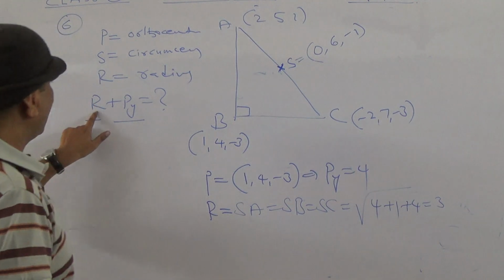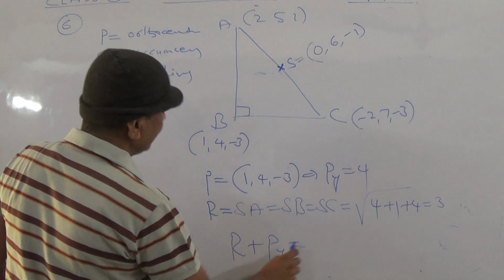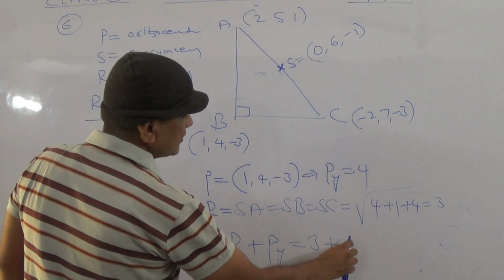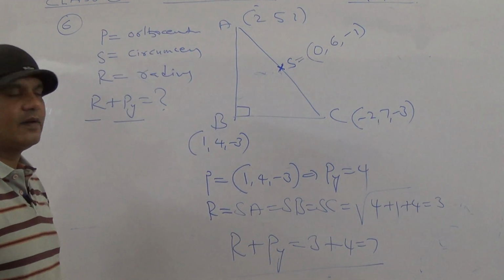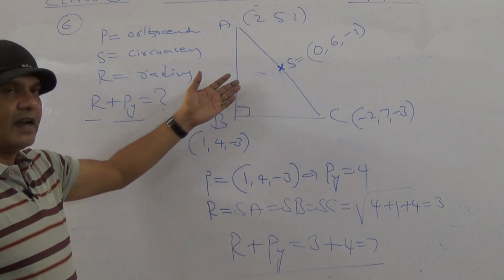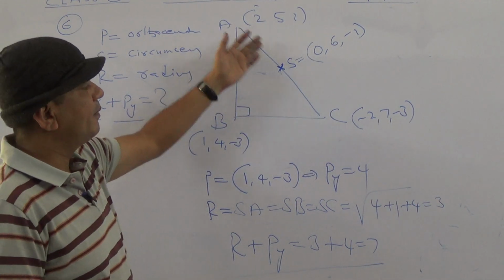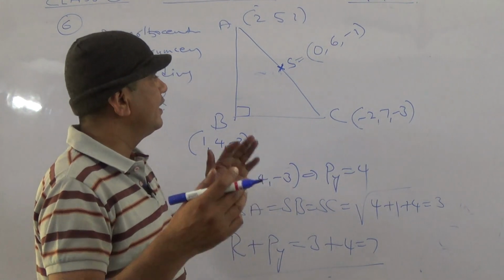Now we want R plus PY. R is 3 plus PY is 4, that is 7. If it is a right angle triangle, the orthocenter is the vertex at the right angle, the circumcenter is the midpoint of the hypotenuse, and the circumradius means SA, SB, SC.